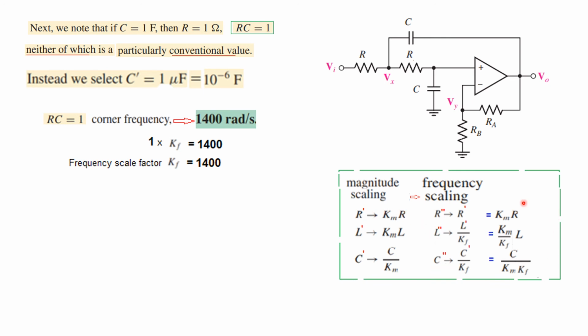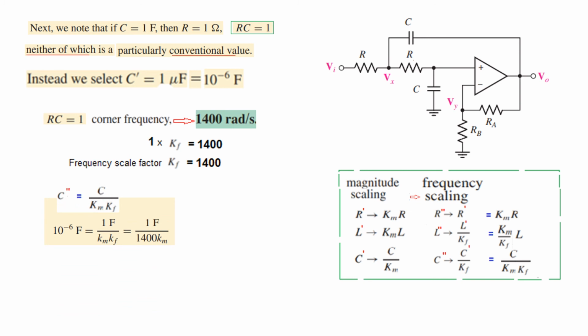So the net result, if we are going from this to this, will be C divided by Km and Kf both. So these are the final results. We will be using this result now to find Km, or the magnitude scaling factor.